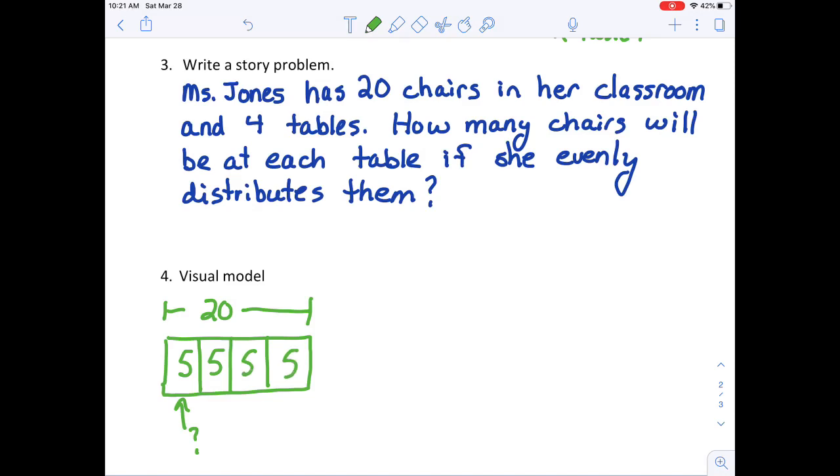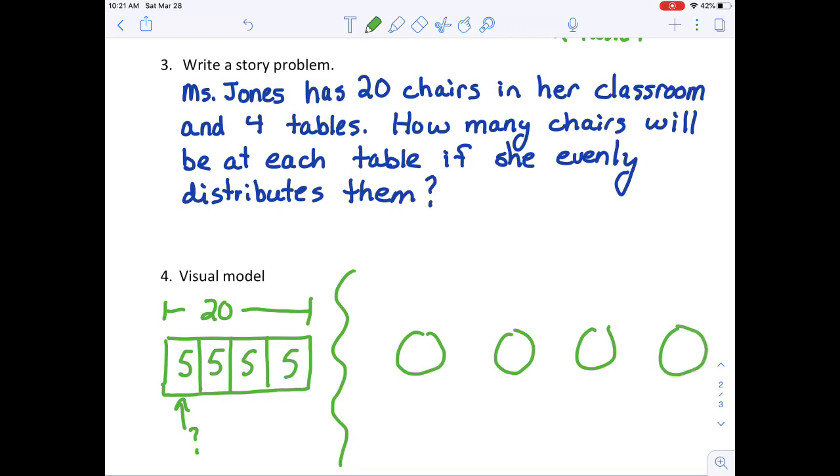I could go quite a bit more literal, and I could actually draw out 4 tables, and then think about 20 chairs, and each chair I can distribute 1 at a time per table.